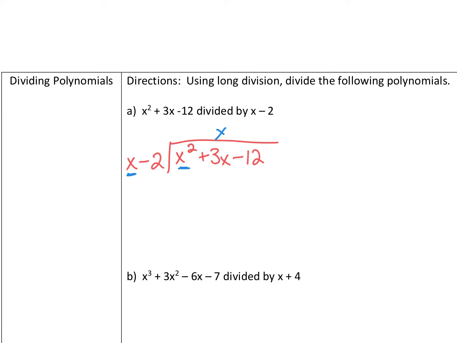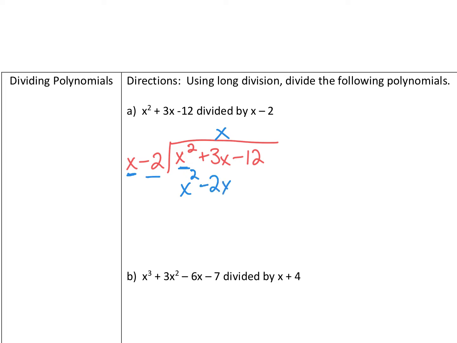Okay, and now we're going to do the same thing as what we did with the numbers. We take that number up top and we're going to multiply it by the divisor. But I've got 2 terms in this divisor, so I'm going to multiply this out twice. So we'll do x times x, which is x squared, and then we'll do x times negative 2, negative 2x.